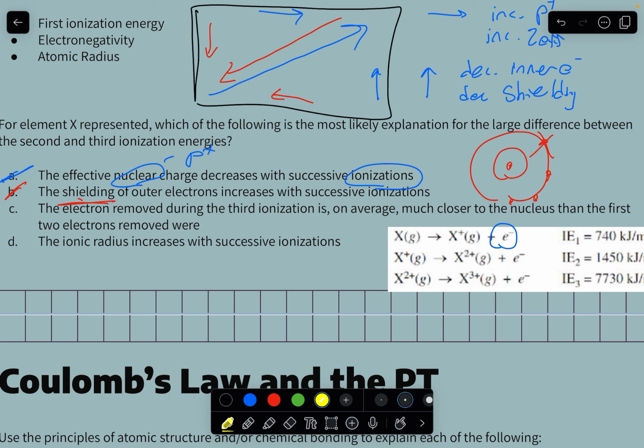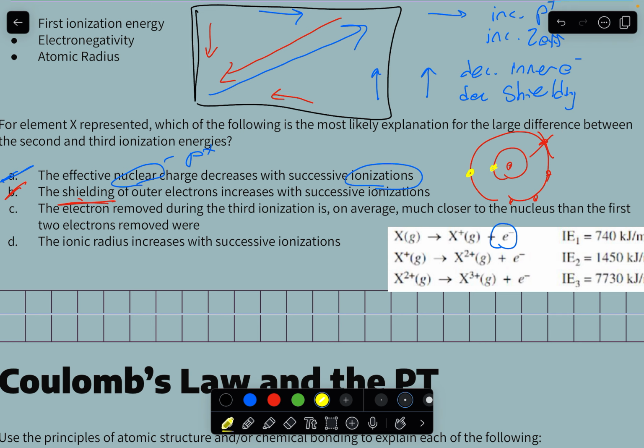So B is not right. With C, the electron removed in the third ionization is on average much closer to the nucleus than the first two electrons. Well, that would make sense, because the closer it is, the less shielding. The electron on the inner level has less shielding, so it has a stronger pull to the nucleus, and it would take more energy.